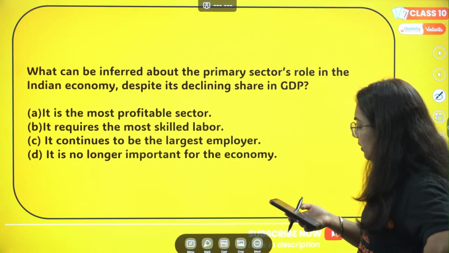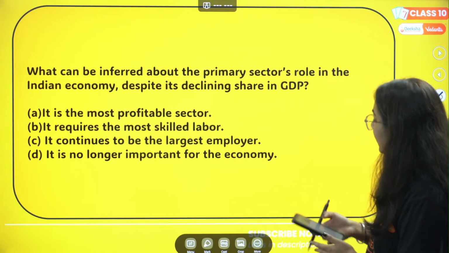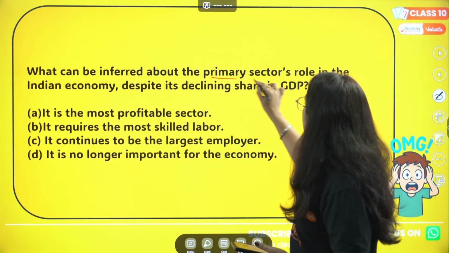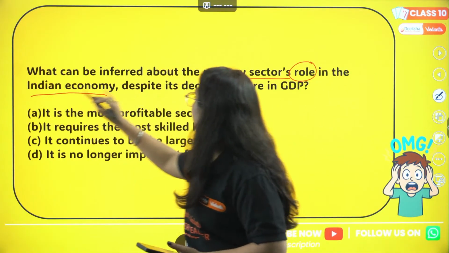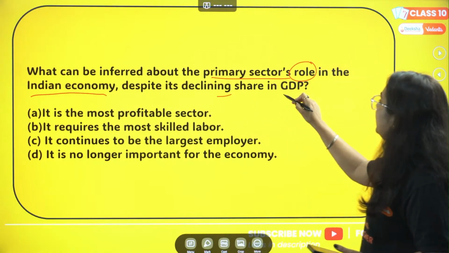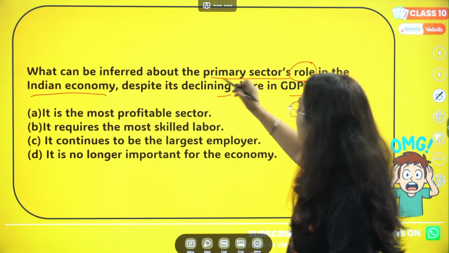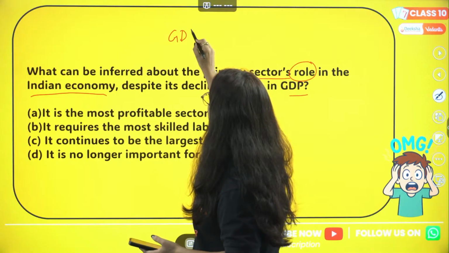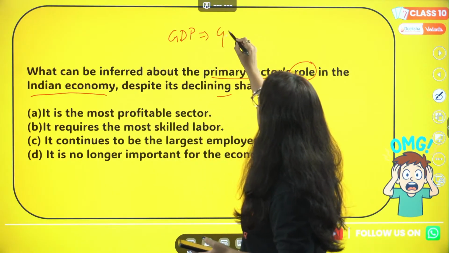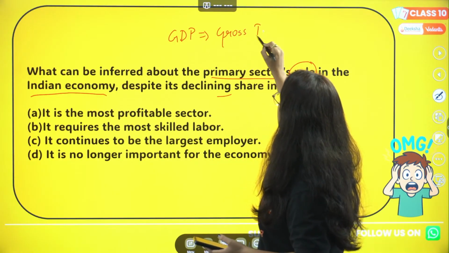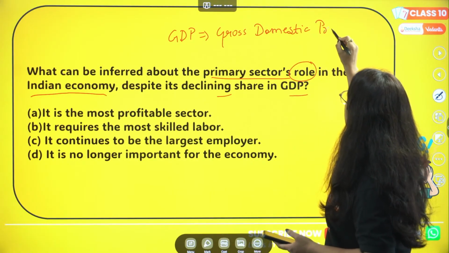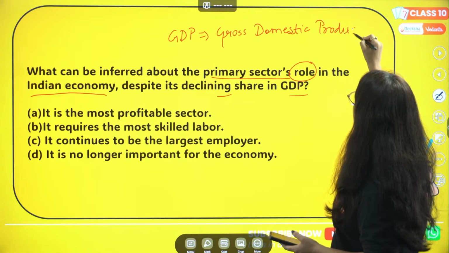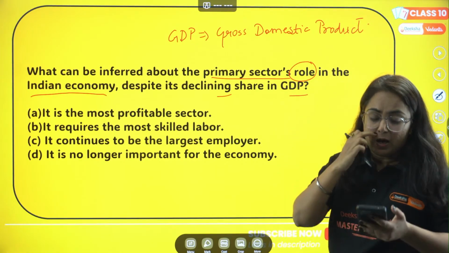Which one of the following is correct regarding the primary sector's role in the Indian economy despite its declining share in GDP? If you know that GDP stands for gross domestic product, I am just teaching you meanwhile, you answer in the live chats, okay? What is gross?